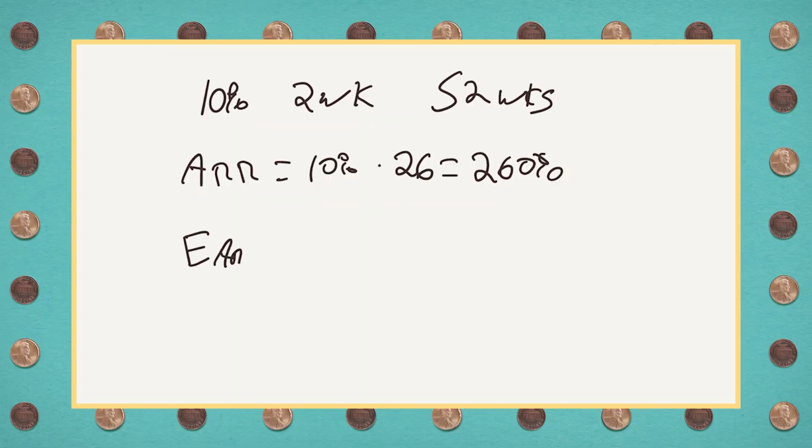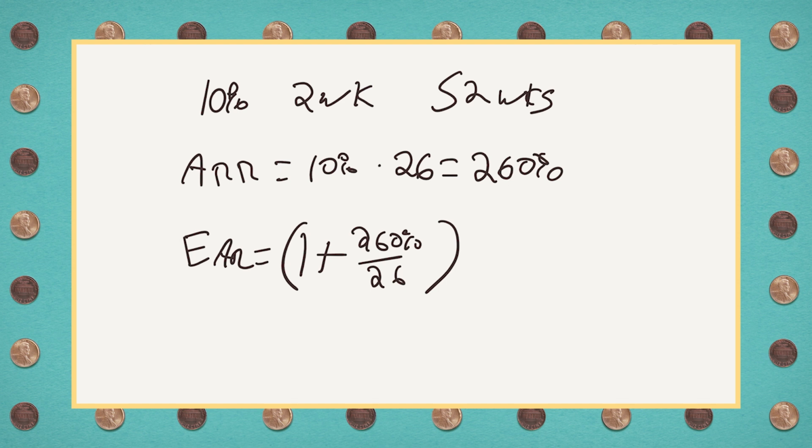But now, let's take a look at what the EAR would be. The EAR would be 1 plus our APR of 260% divided by the number of 2-week periods in a year, or 26, to the 26th power minus 1.